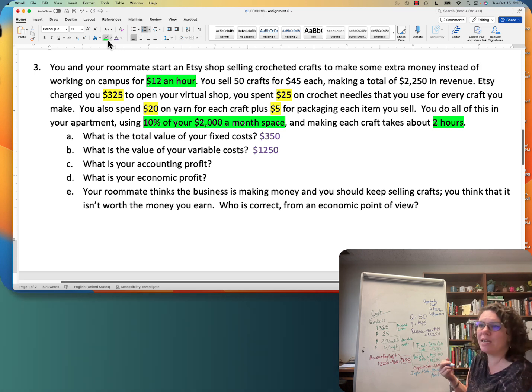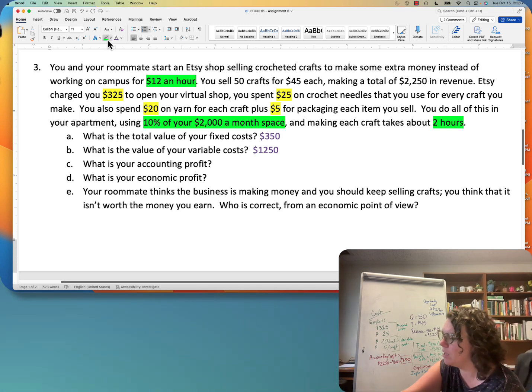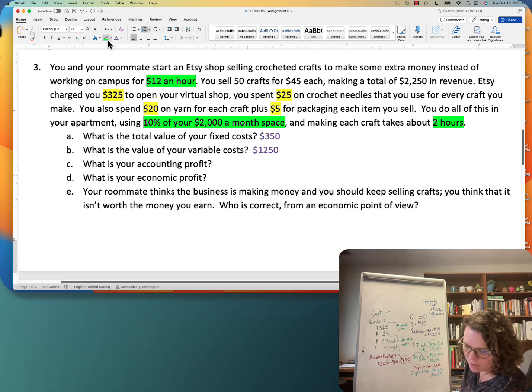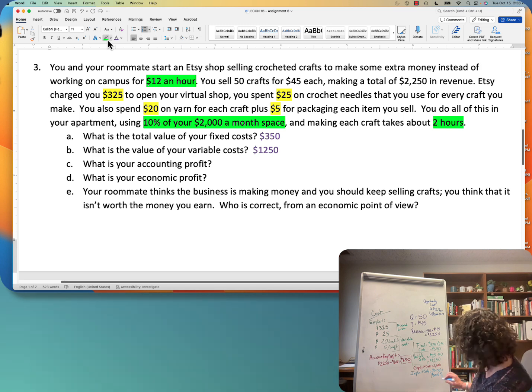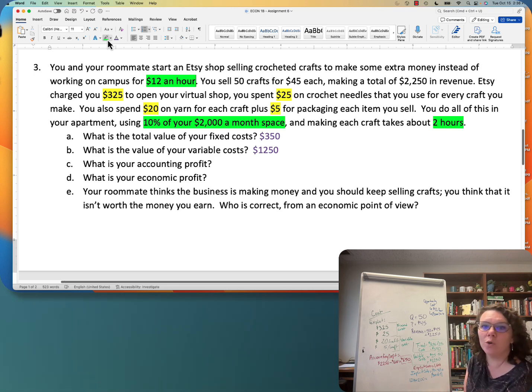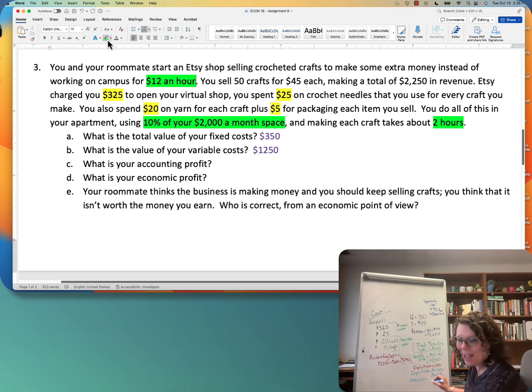So that gives me implicit costs of $200 for the apartment and $1,200 in foregone wages. So my total implicit costs are actually $1,400.